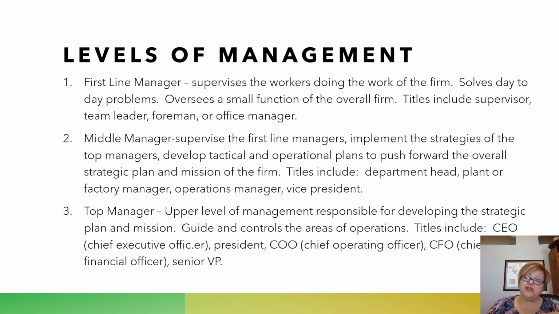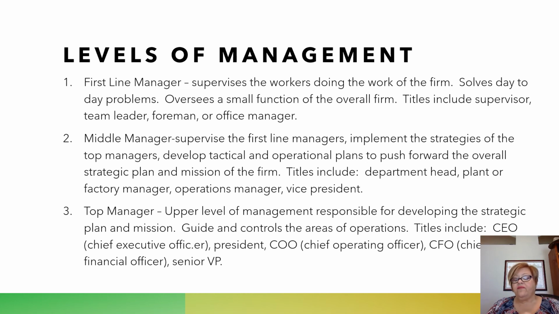So supervision and planning are important parts of what a middle manager does. Organization, controlling, all of those things. They're going to be doing all of those functions quite a bit in the middle management level. Got some titles here: department head, plant manager. Typically with a plant manager, that means you have multiple factories that you're talking about, and so this person is the head of this particular factory.